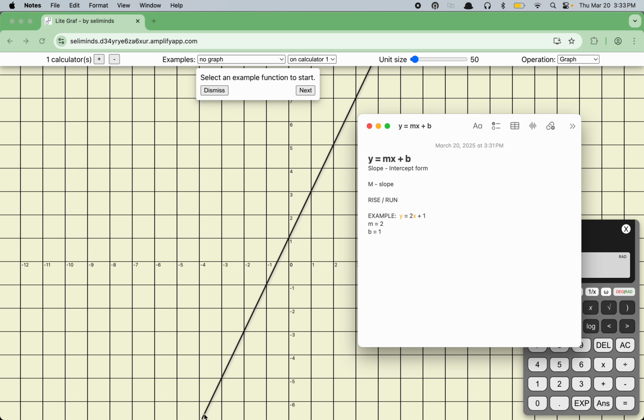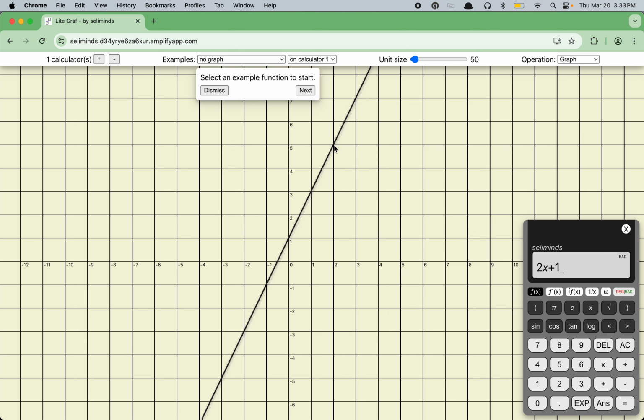So the graph looks like this. It's kind of a steep slope. The slope, which is rise over run. So basically, for example, in this graph, you can see here, at this point, the value of y is equal to 5. And at this point, the value of y is equal to 3.